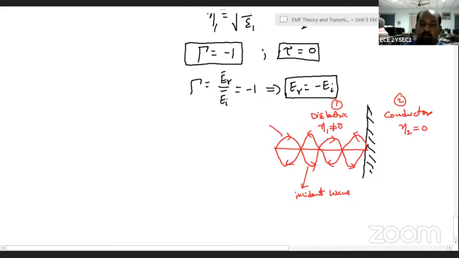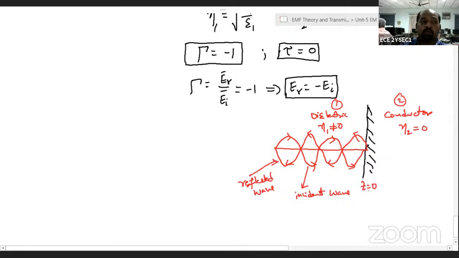And this one is the reflected wave. So the entire wave reflects back, with phase reversal at the boundary at z is equal to 0.